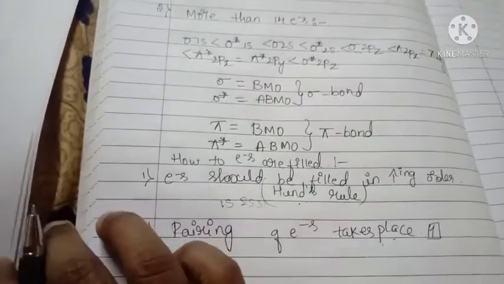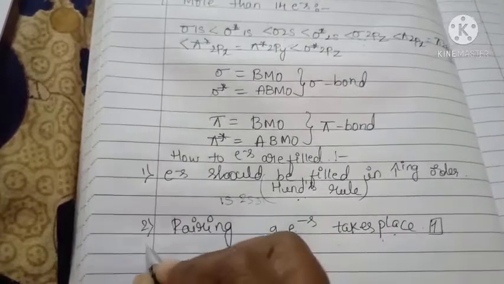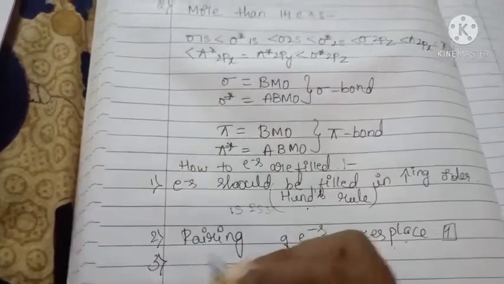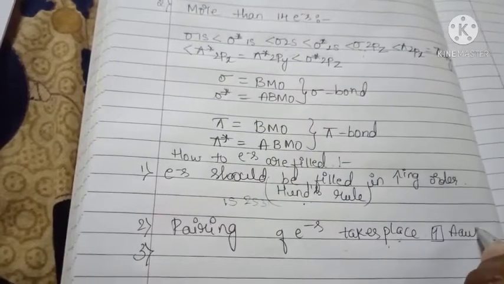Last condition is each molecular orbital must have 2 electrons with opposite spins. It should be by Pauli's exclusion principle. Second one is the Aufbau principle.